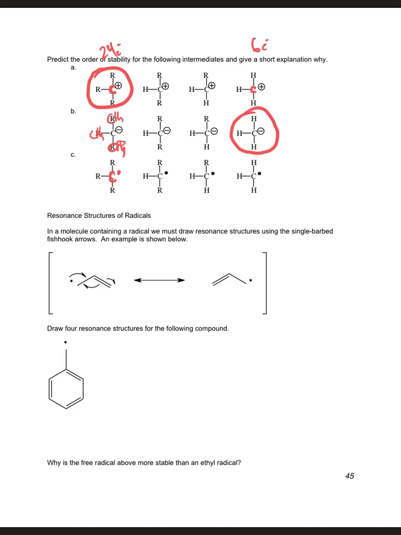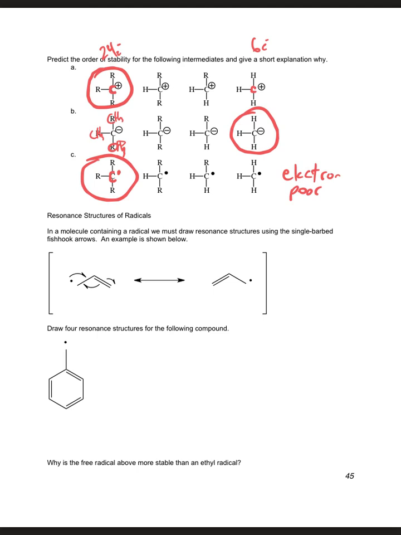That carbon has only 7 electrons around it, 2 to each of the 3 alkyl bonds, and then the radical. So a radical is electron poor because it only has the 7 electrons around it, so its reactivity is going to be similar to the cation. So the more substituted the radical, the more stable it will be.